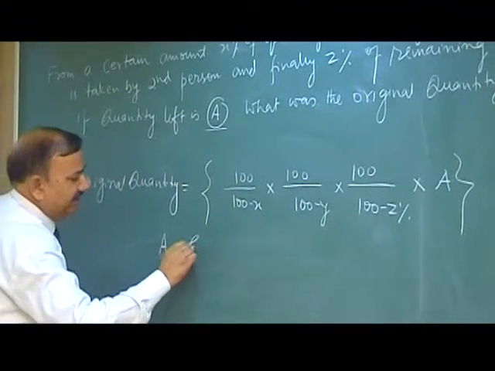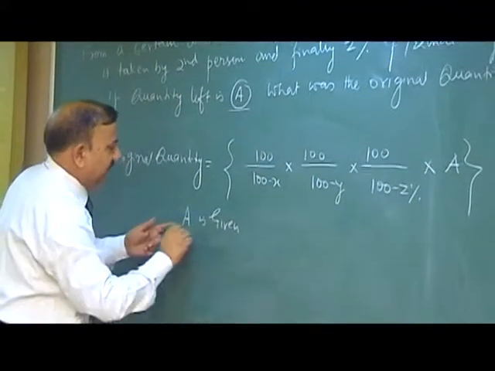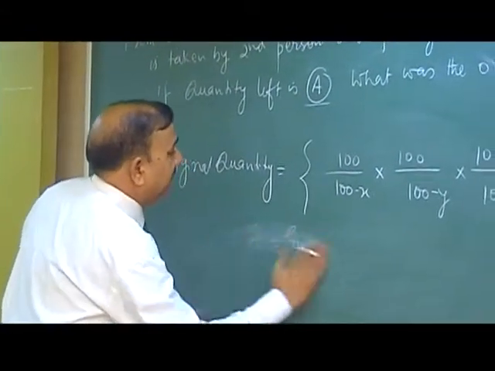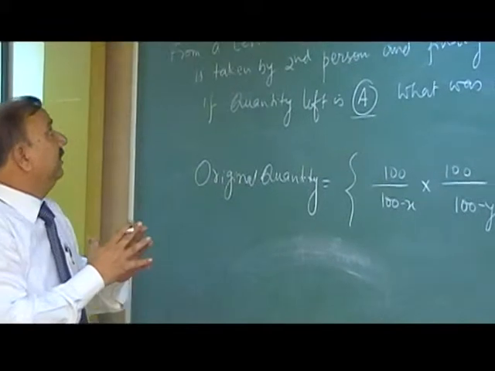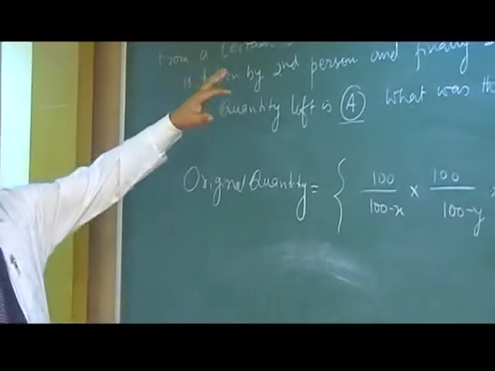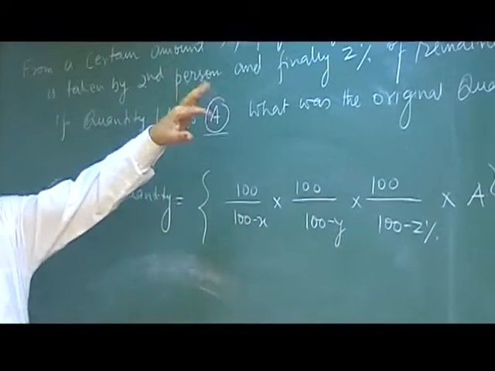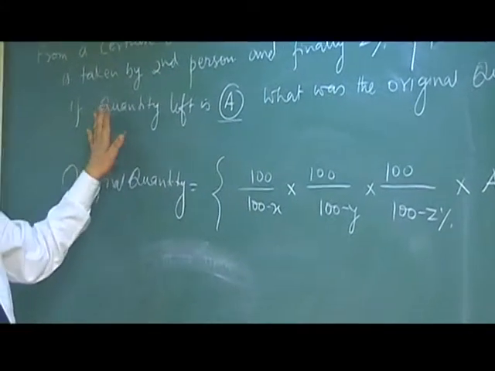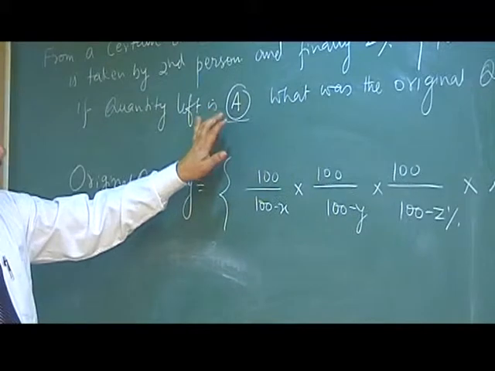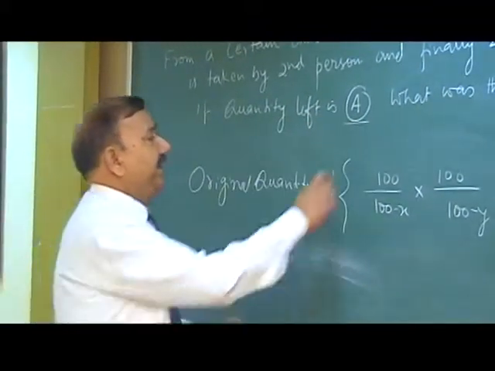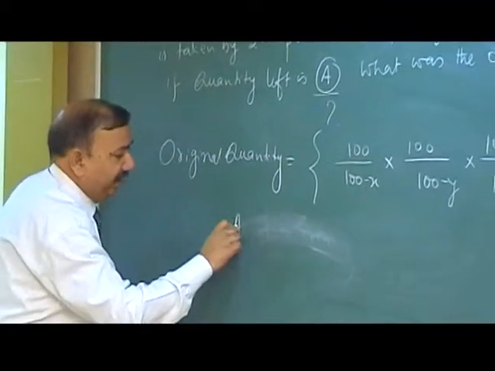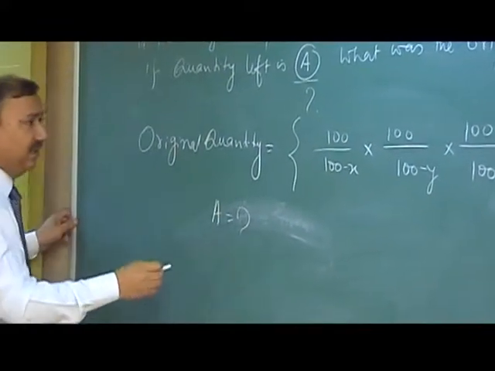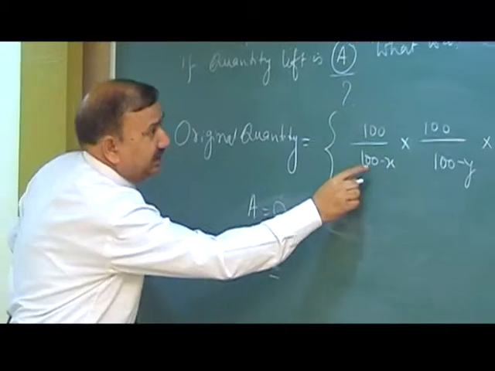And suppose sometimes A is not given. They have given that from a certain amount X%, Y% and Z% are taken in these 3 stages, and we have to find the quantity left. The original quantity is given. In that case we have to change the sequence.